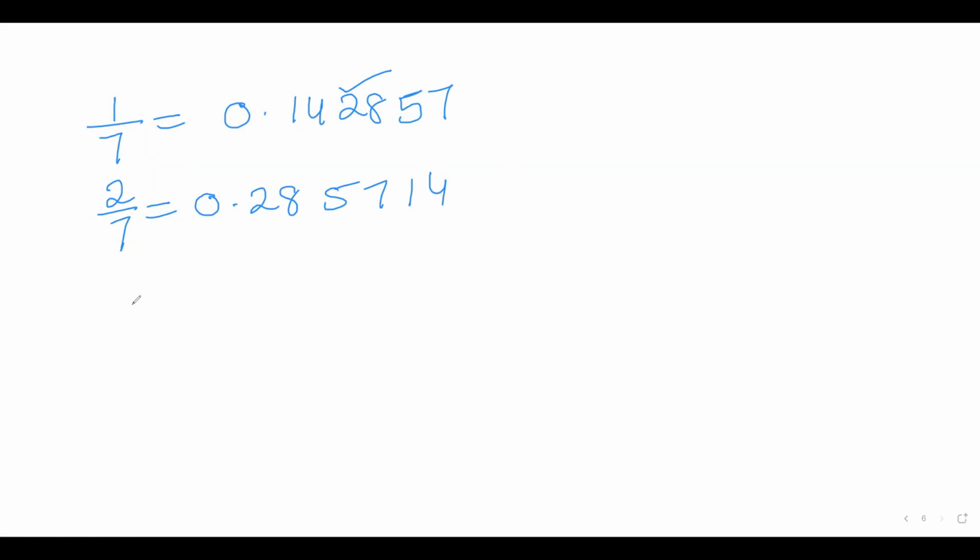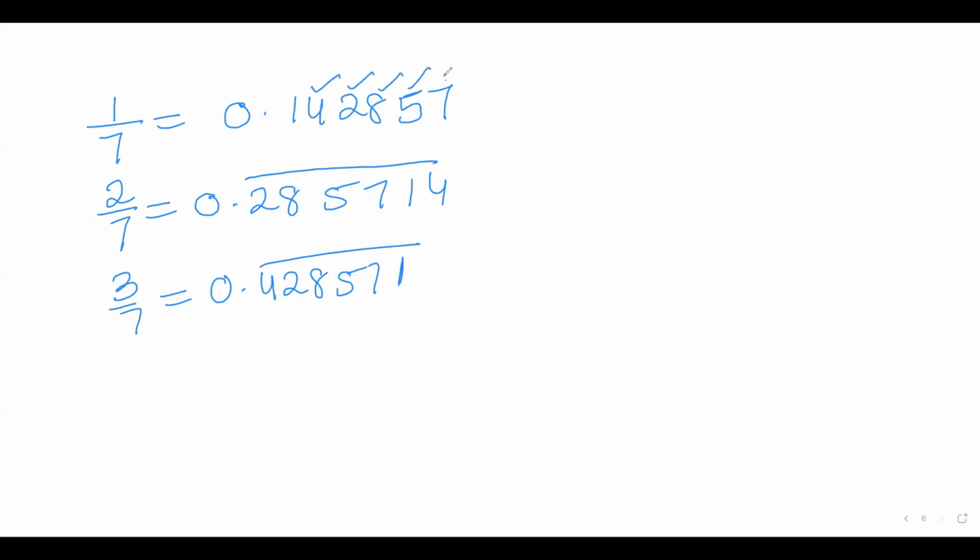Got it? 3 by 7 starts with 4. 0.428571 starts with 4. Rest of the numbers remain same. You should put bar. Starts with 4. 428571.